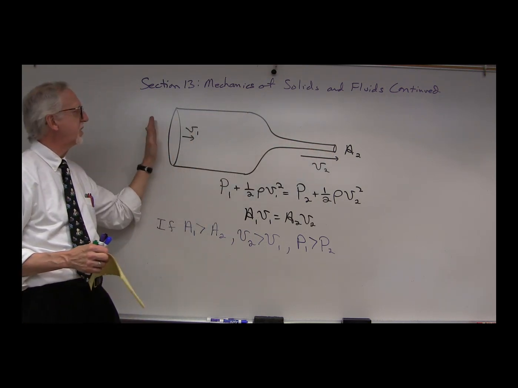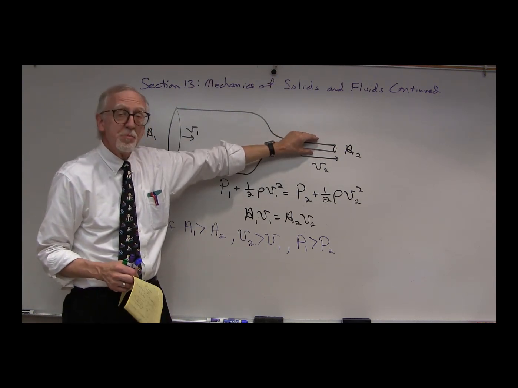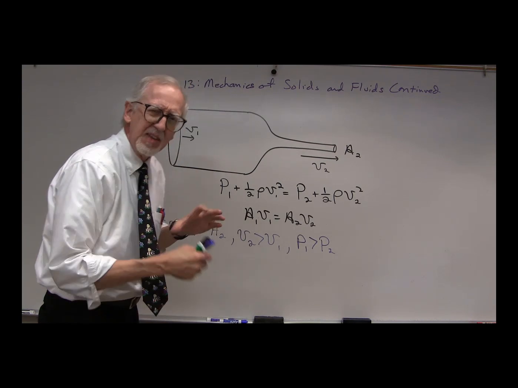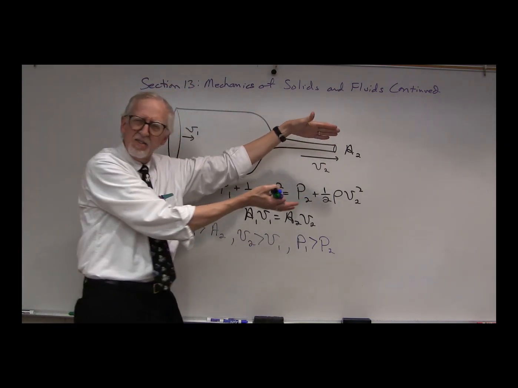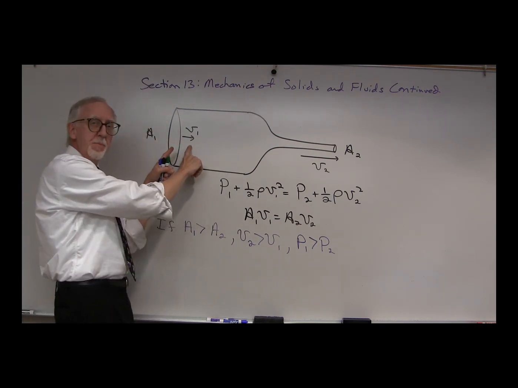The pressure in the larger section of the pipe must be larger than the pressure in the smaller section of the pipe. Now, why is that? That doesn't seem to make sense. You might think, well, it's compressed, and so why doesn't the pressure increase? But if we think about the flow, what's happening to the fluid?